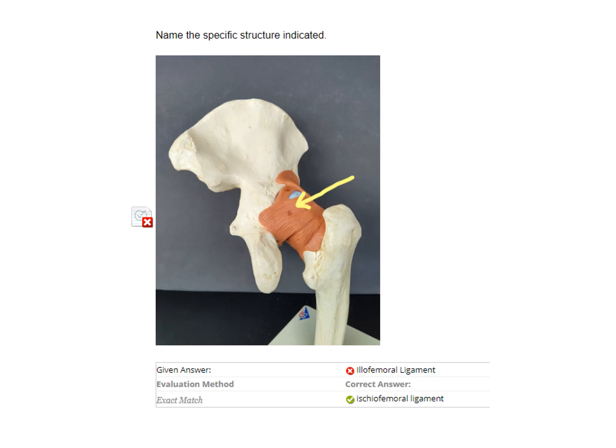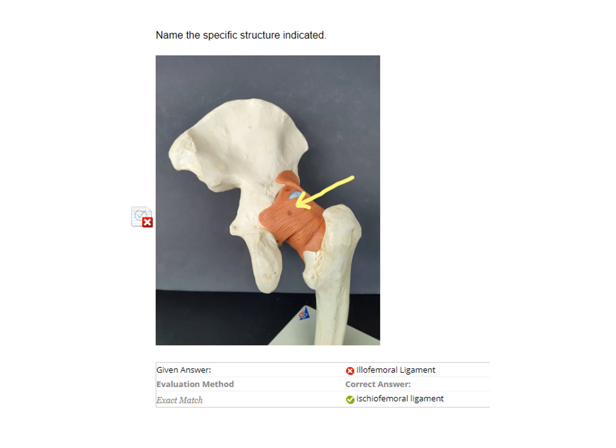This ligament connects the ischium with the femur, and therefore it is the ischiofemoral ligament. This particular student answered that it was the iliofemoral ligament. The iliofemoral ligament attaches the ilium to the femur, and it's actually on the anterior side, running from the ilium, this is the iliac bone, to the femur.